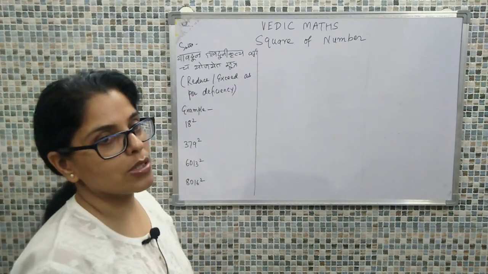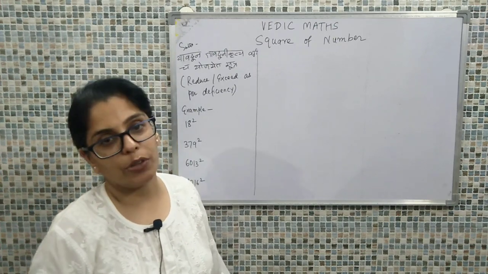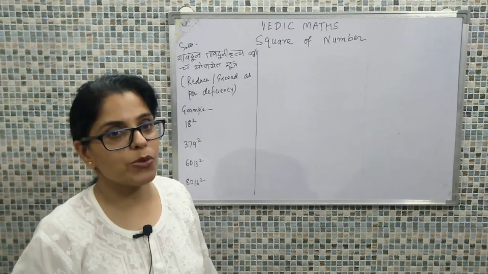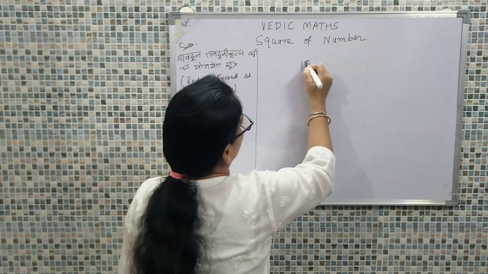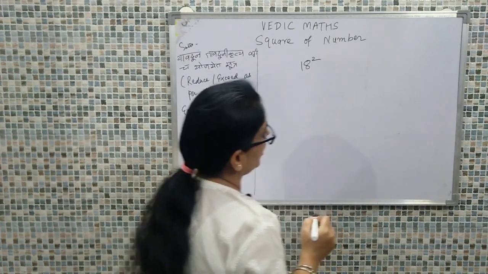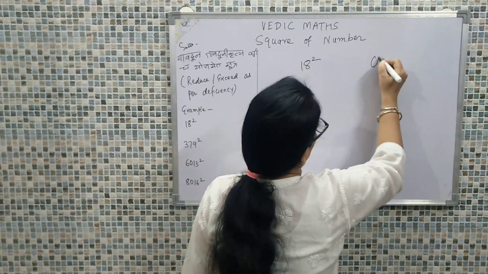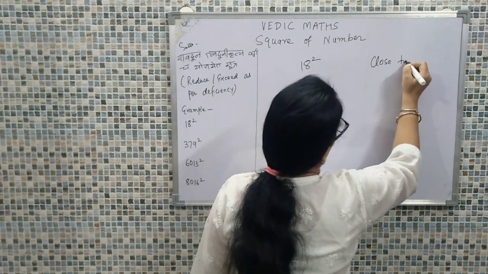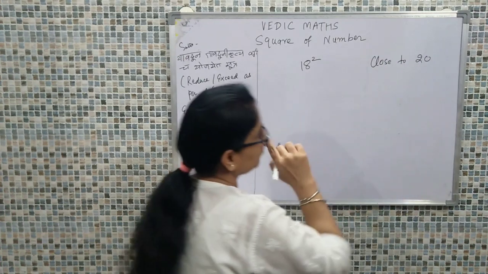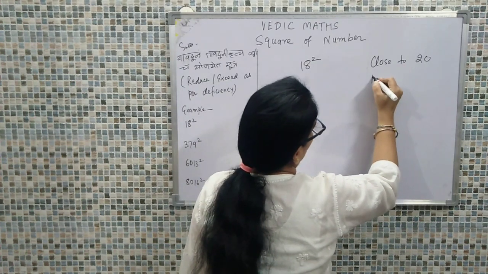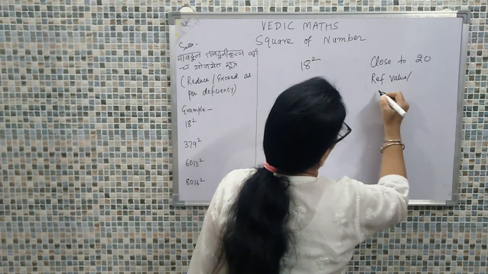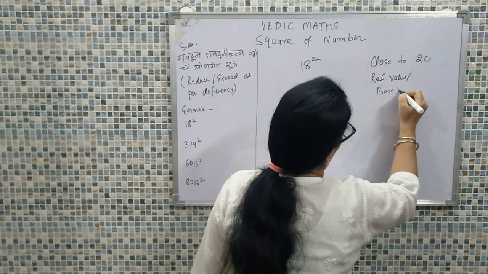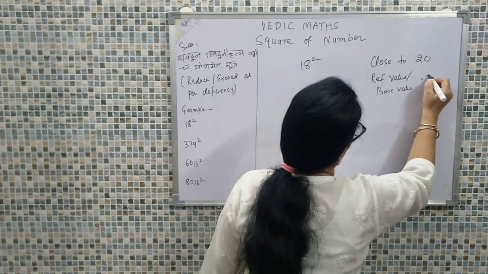Whatever excess it is, we will further exceed it, and whatever deficient it is, we'll reduce it further, and then we'll perform the square. Taking up the first example, that is 18 square. This value is close to 20, so we will take the reference or base value as 20.